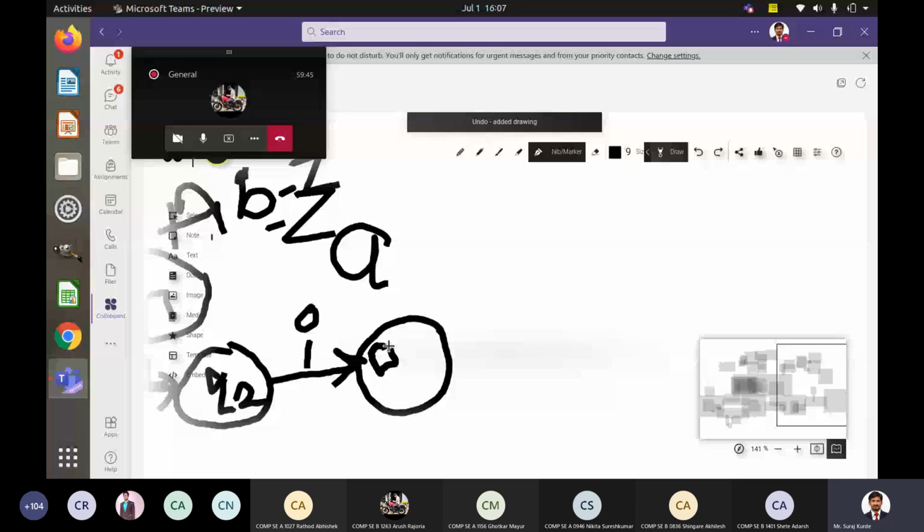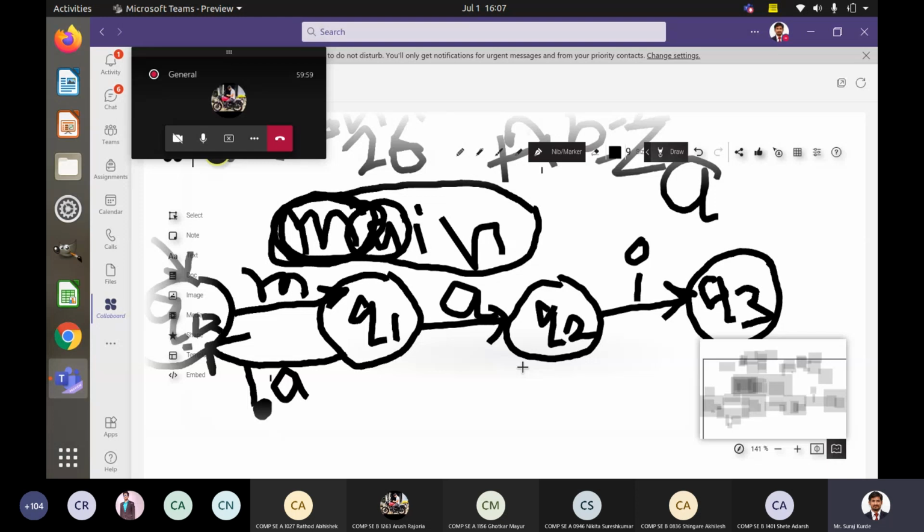So if input is M, it goes to next state Q1. If input is A, next state Q2. Again from Q2, if input is other than I, then it goes back to first state. So not I. If input is not I.